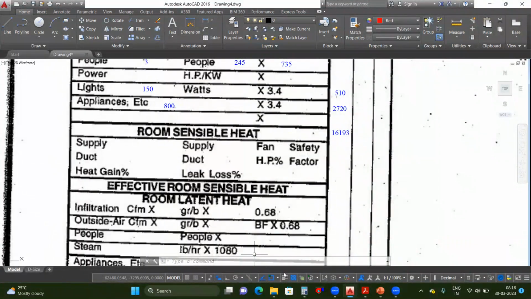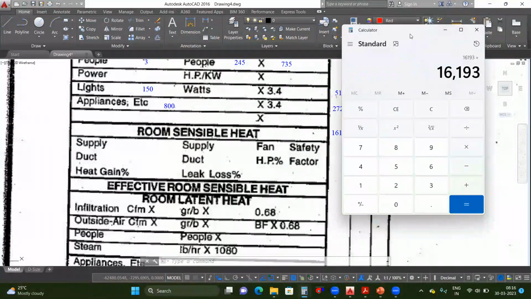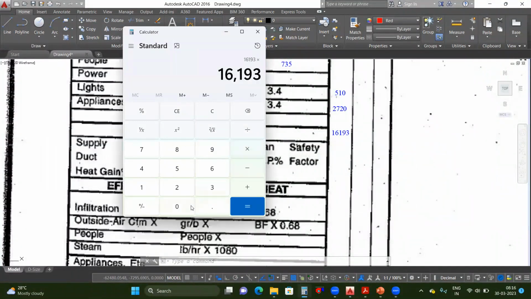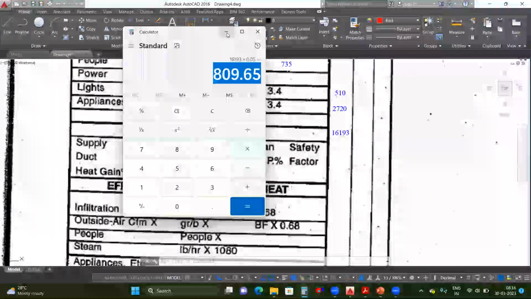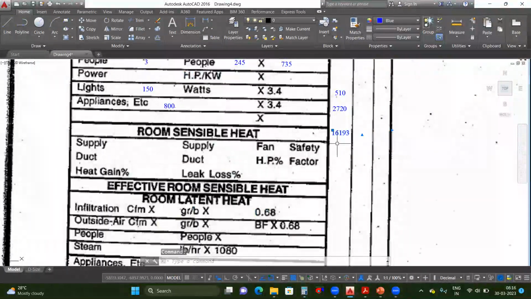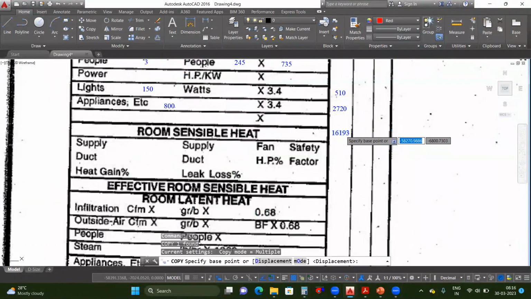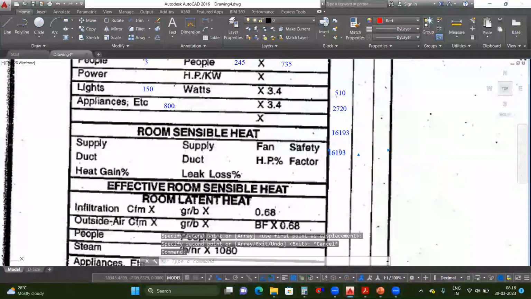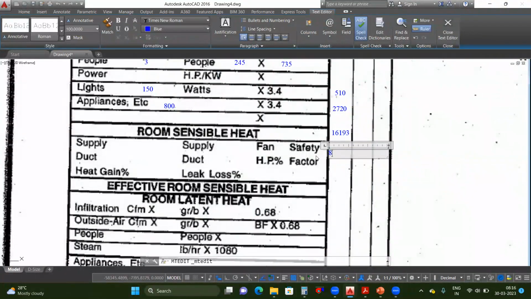If I consider a safety factor of 5%, I will multiply this with 0.05. So that is 809. This is the safety factor, 809.